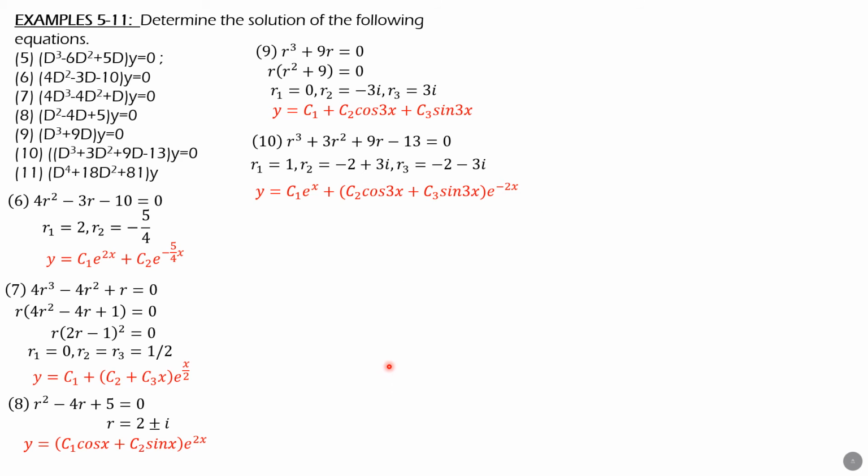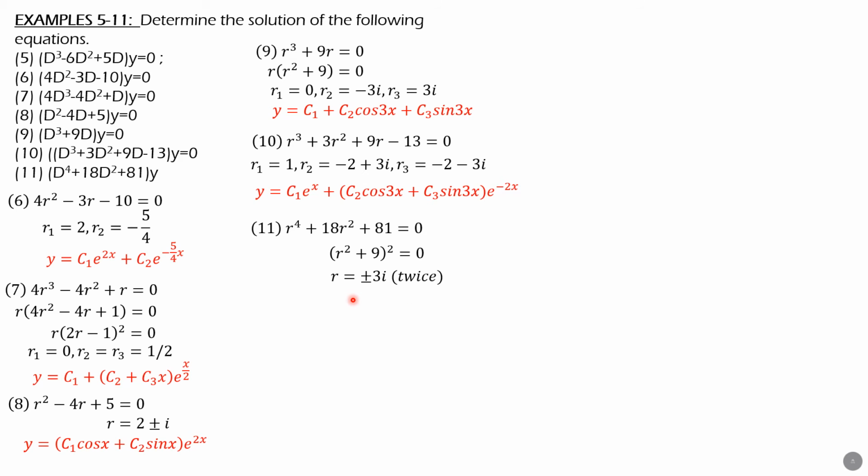Then lastly, number 11, we rewrite this as r to the fourth plus 18r squared plus 81 equals 0, which is a perfect square trinomial represented by quantity r squared plus 9 quantity square equals 0. So r therefore is square root of negative 9, so that's plus minus 3i, pure imaginary roots which are repeated twice.